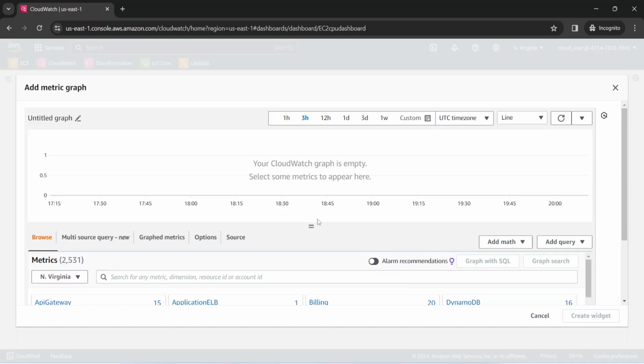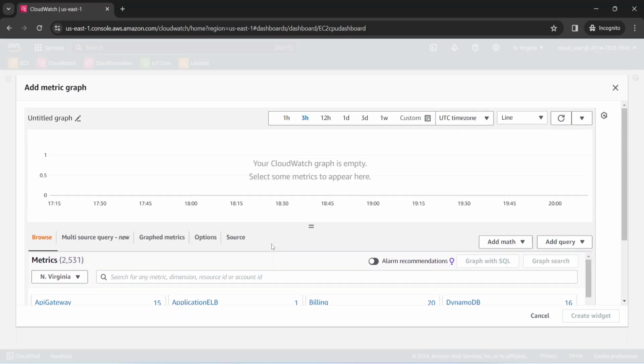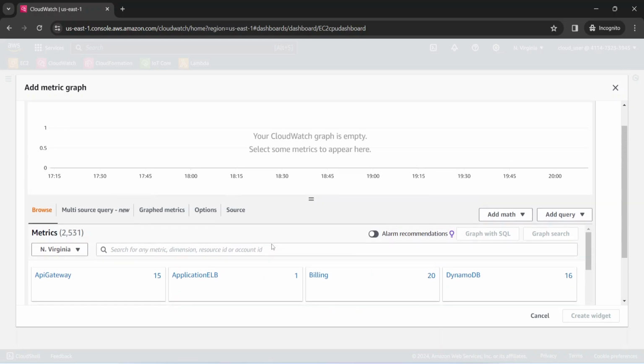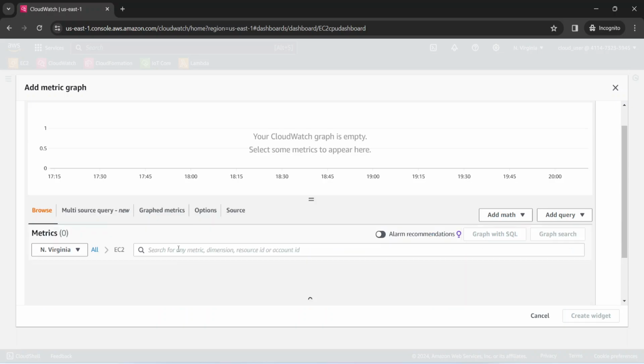Our CloudWatch graph is empty now since we haven't added a metric. So now we'll add the metric. Since our case is EC2, I'll select EC2 and we'll also add the per instance metrics.